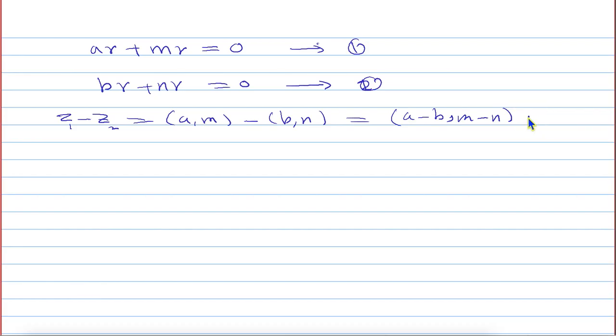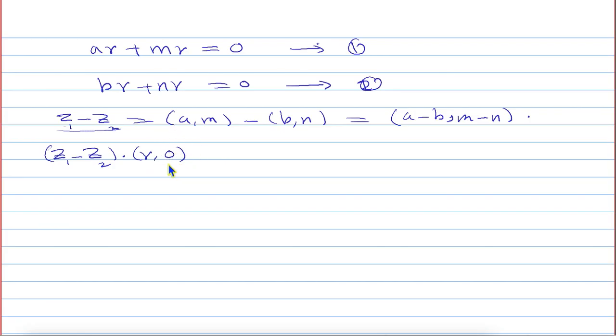Okay, now we take the product of this difference with the element of R, so Z1 minus Z2 times (R, 0).